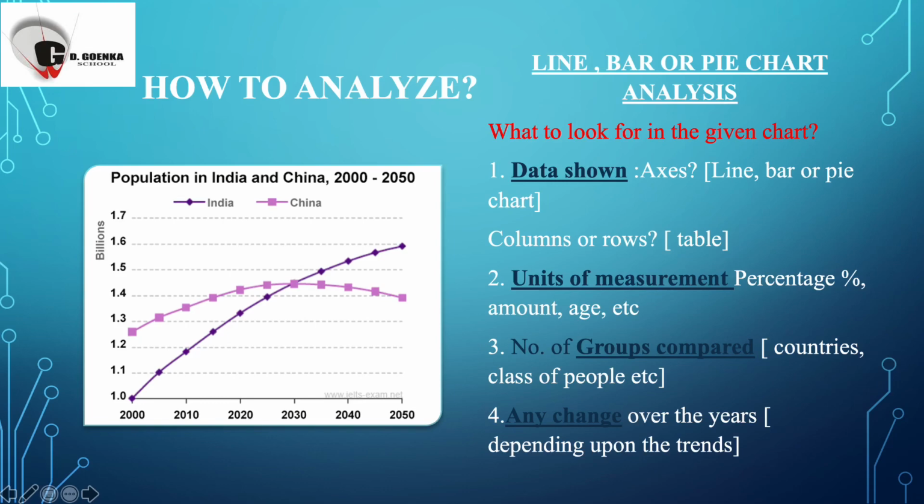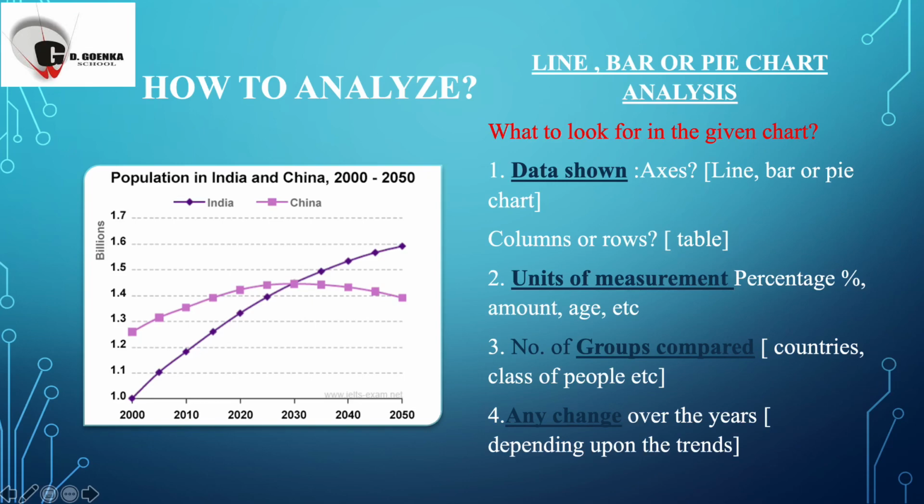The axis is the line on the left hand side, the up and down line, and the line on the bottom of it, the left and right line. Usually, the up and down axis is the number of something. For example, how many rupees or what percentage of people. And the bottom line is usually time.